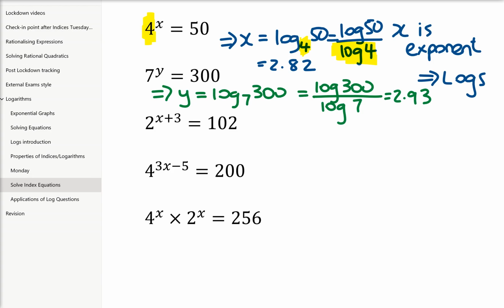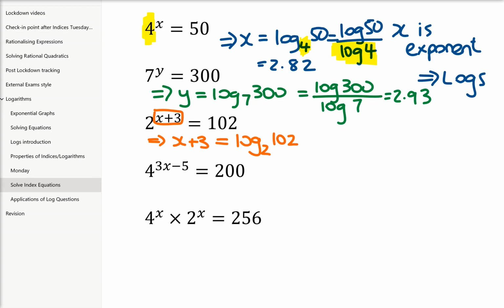This is the first one where it starts to get a little bit trickier. How do we solve this one? Same way. Okay, so this now, this whole thing, x plus 3 is equal to the log base 2 of 102. Now you know what log to the base 2 of 102 is, because that's just a number, isn't it?